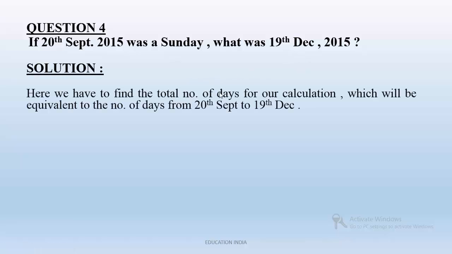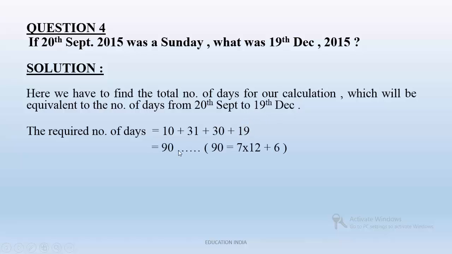Let's solve this problem. Now again here we have to find the total number of days in our calculation, which will be equivalent to the number of days between 20th September to 19th December. Now the required number of days can be added as 10 days of September, 31 for 31 days of October, 30 days of November plus 19 days of December, since the day required is 19th December, which will add up to 90.